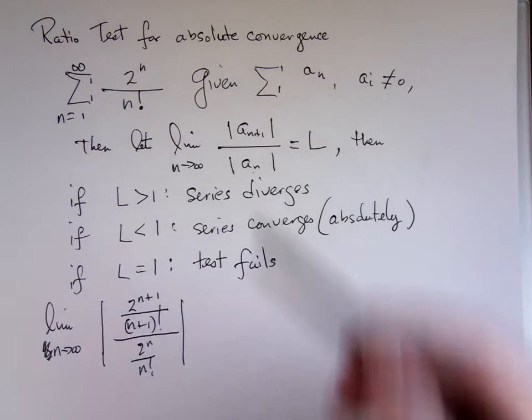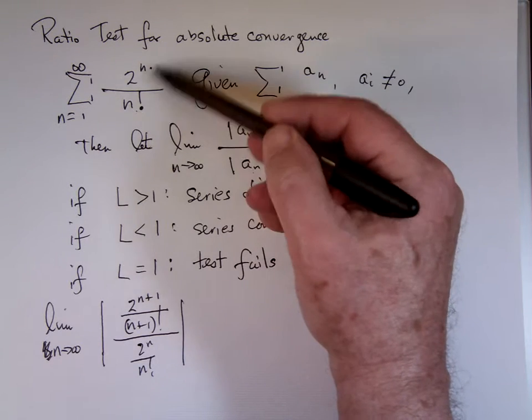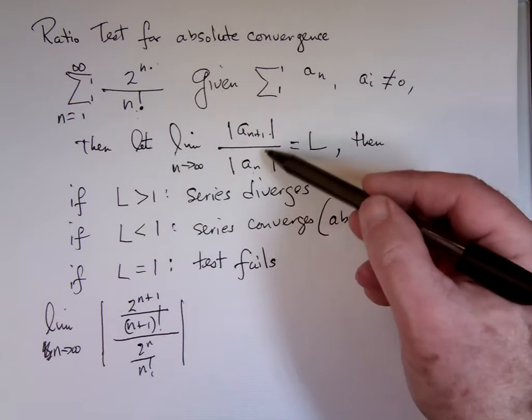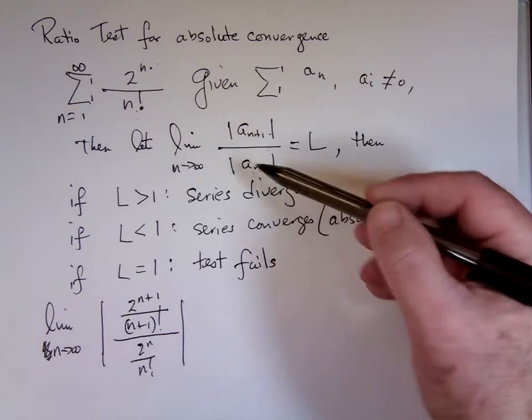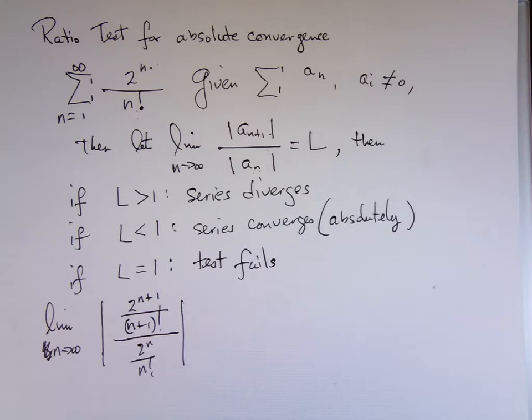I get the n plus first term by replacing n with n plus 1, and then I'm dividing it by the nth term. I'm going to find this limit as n goes to infinity.